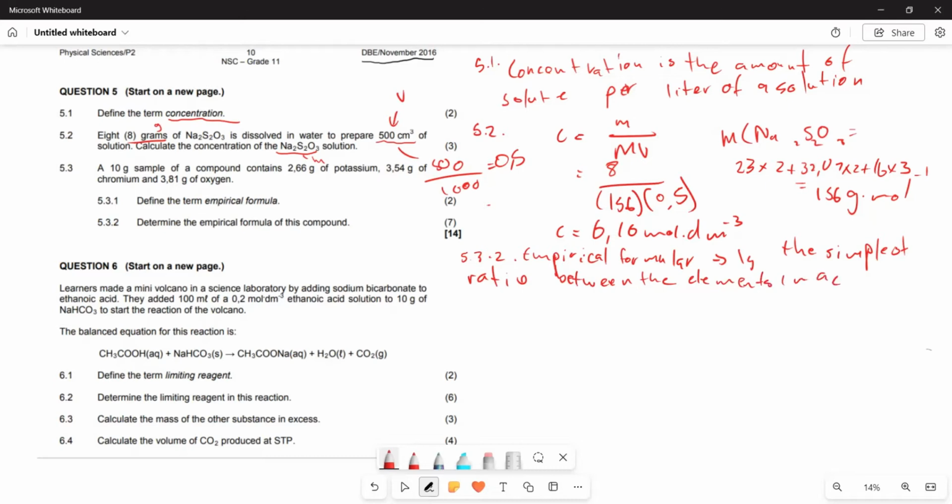Basically, that is going to be your empirical formula definition. Now let's continue and look at your 5.3.2.